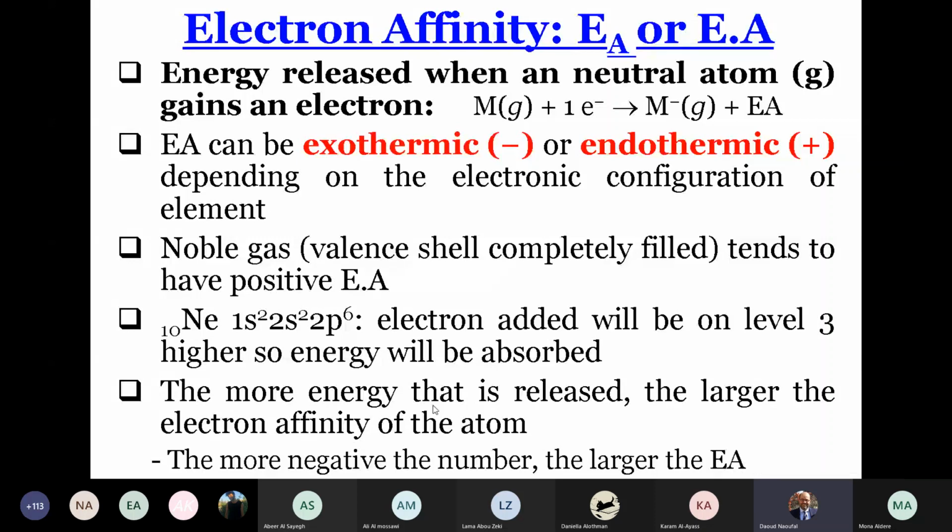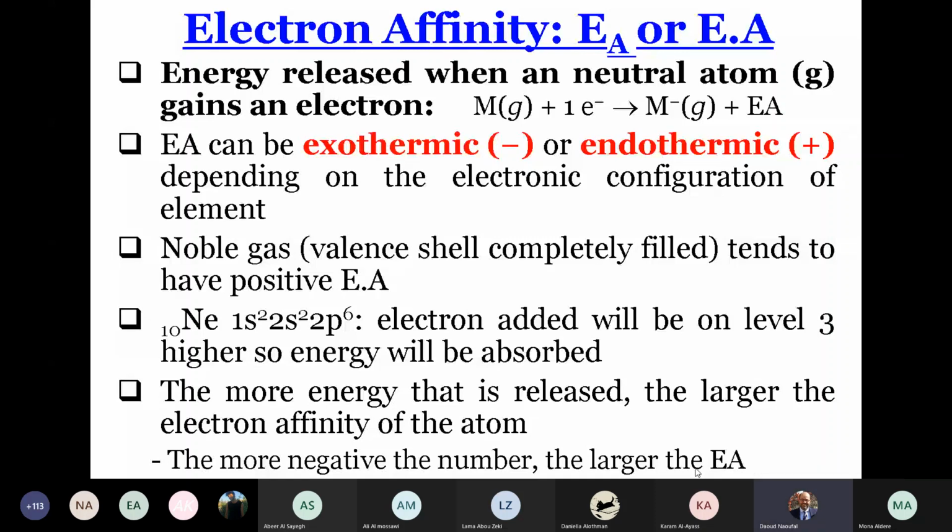As a general rule, the more energy that is released, the larger the electron affinity of the atom. So the more negative value means the larger electron affinity.